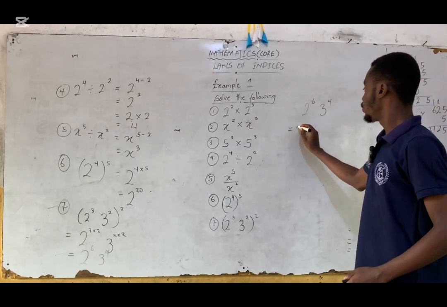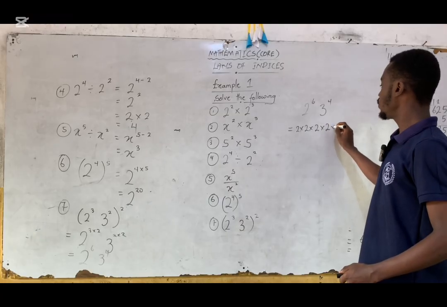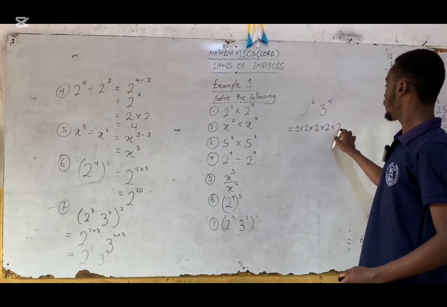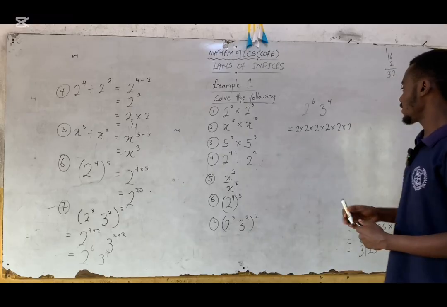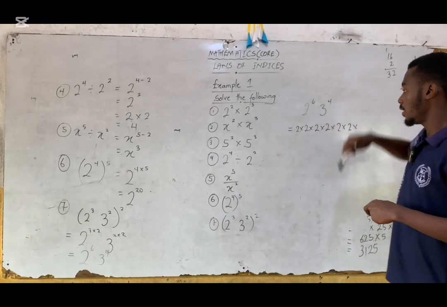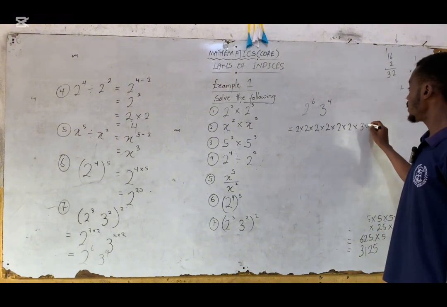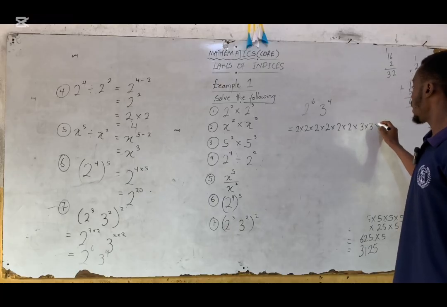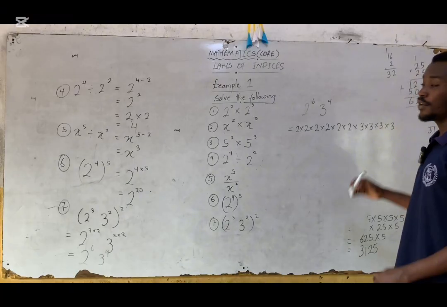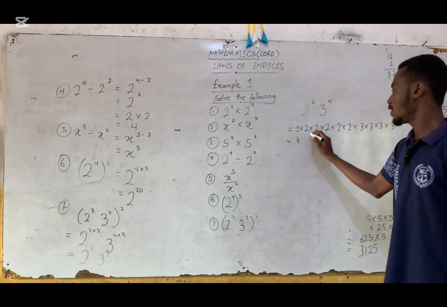So we have 2 times 2 times 2 times 2 times 2 times 2, 1, 2, 3, 4, 5, 6, right? Times, remember I said when you have something like this, it means they are multiplying. 3 multiplying itself 4 times. So we have 3 times 3 times 3 times 3. Good. 2 by 2 gives us 4.